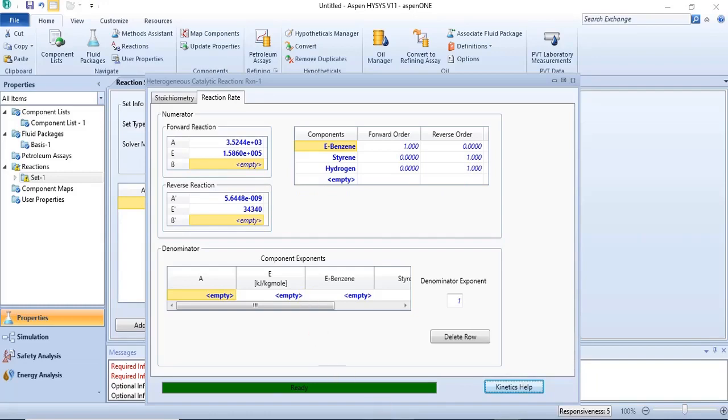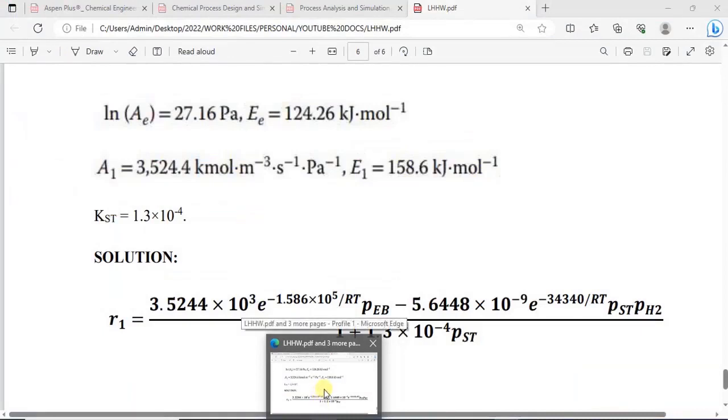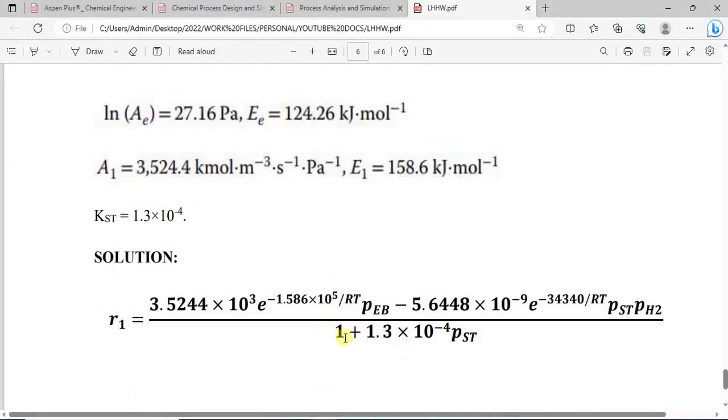denominator section. So for the denominator section, we have the adsorption expression, which is 1 plus 1.3 times 10 raised to the power minus 4 PST, right? So we'll be specifying this in the denominator section. So basically, in this denominator section, you can actually ignore the 1, right?